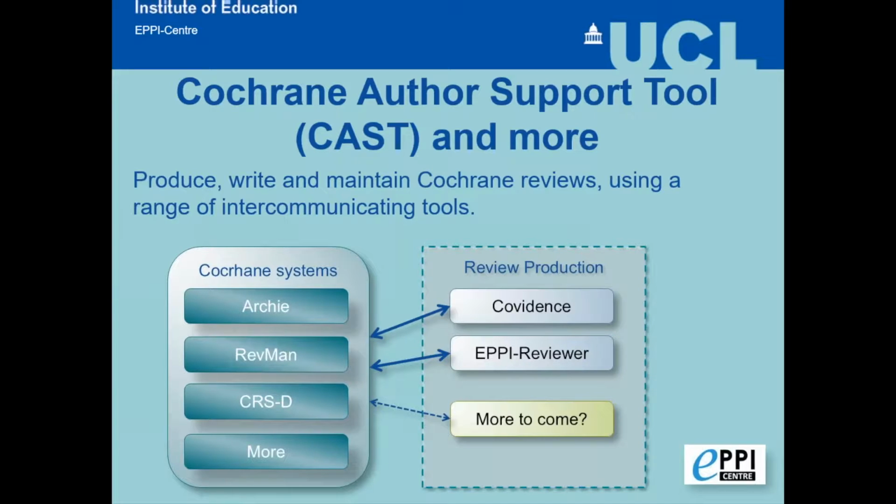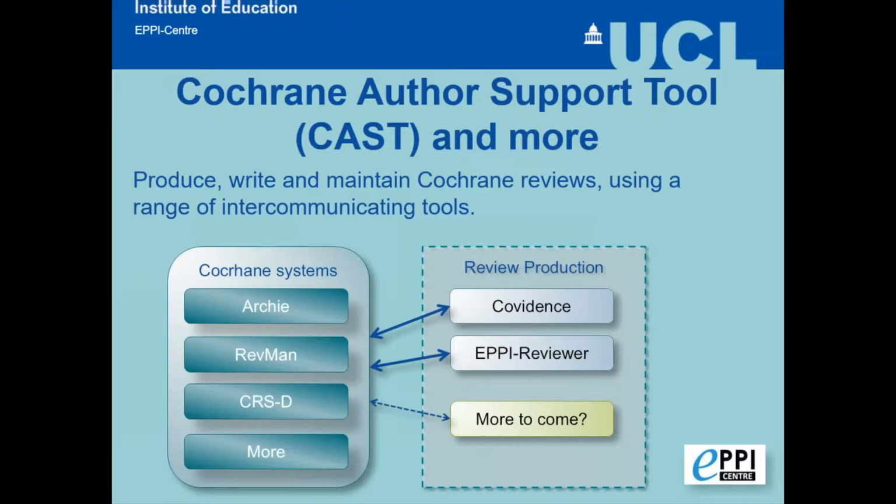The Cochrane system has been designed to be quite extensible. On the left here we've got the Cochrane central system, consisting of Archie, RevMan, the CRSD, the reviews database potentially, and other central systems, which can connect to other systems on the right through what's called an API, so they can communicate behind the scenes.